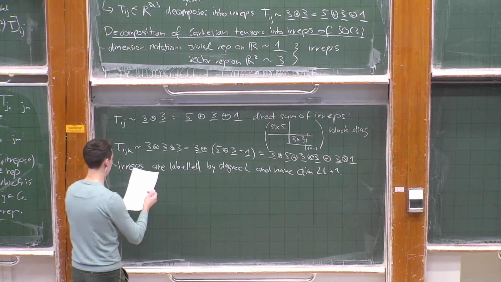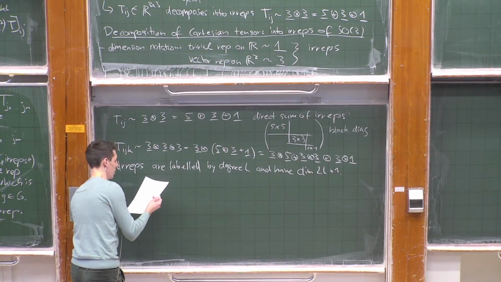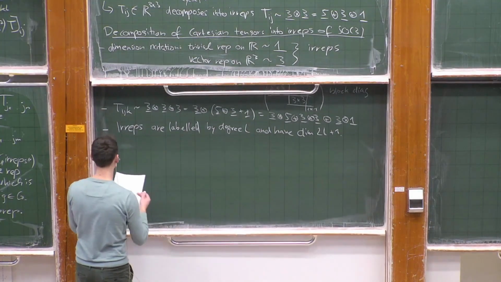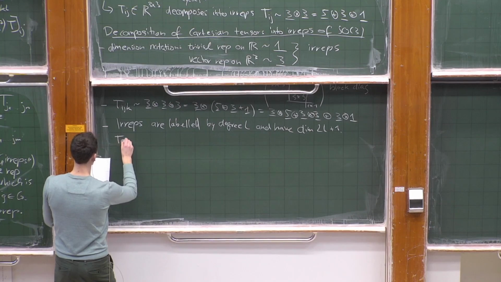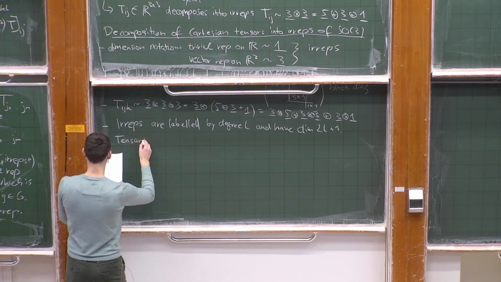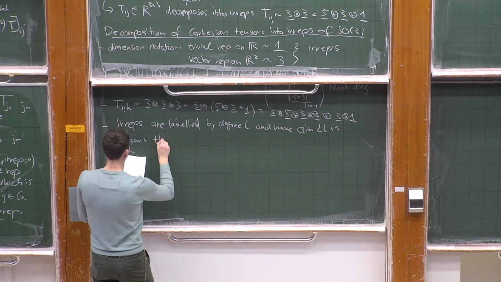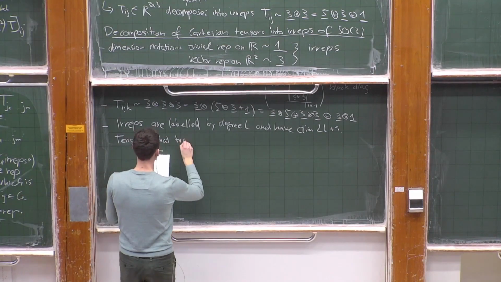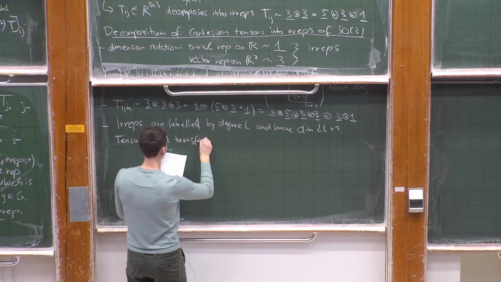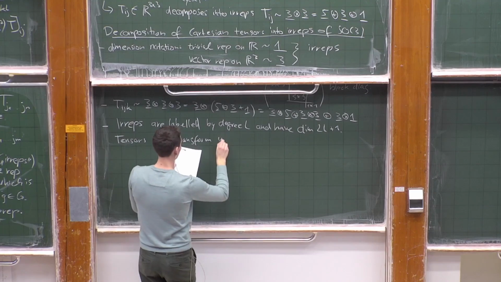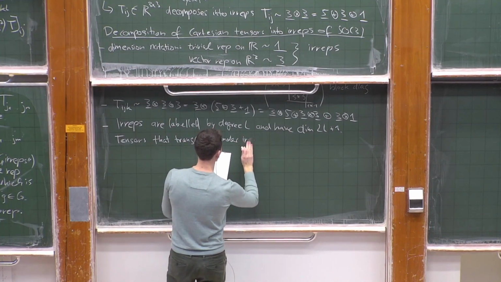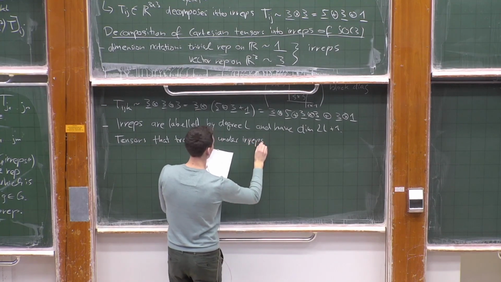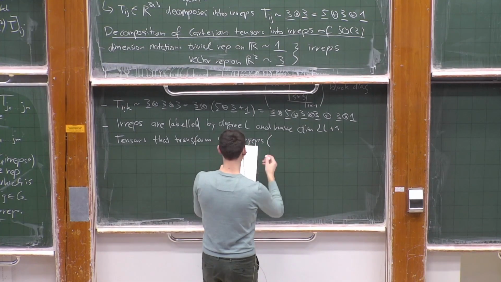And then let me write down the transformation behavior of such irreps. Tensors that transform under irreps are called spherical tensors.